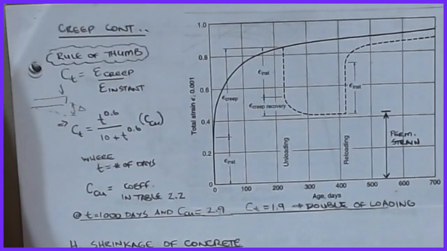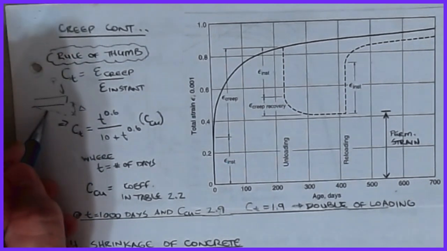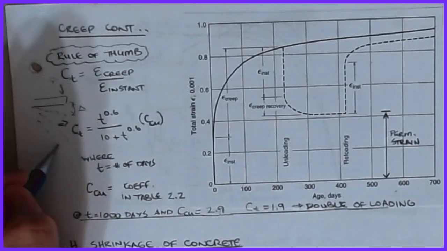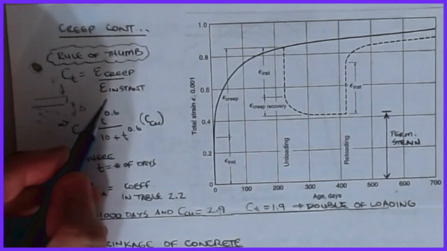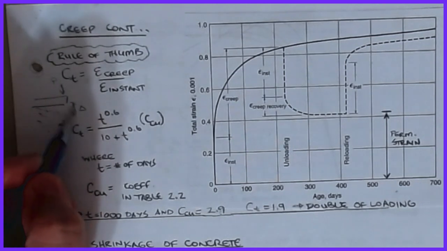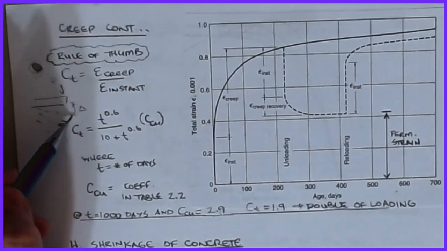But what happens over time is if I hold this load on a concrete beam, this deflection continues to grow in magnitude. So the instant strain is the one associated with this first loading or first displacement. The creep then is the total beyond that that's also included.